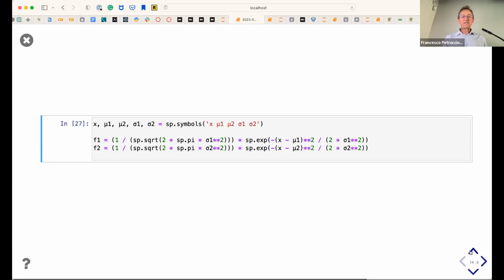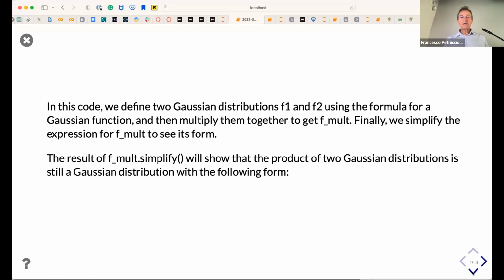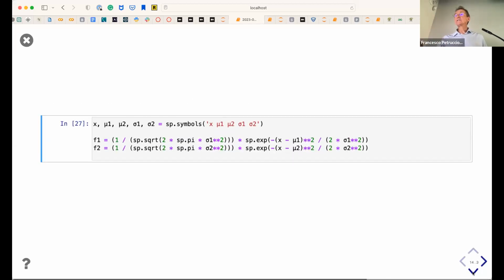Okay, sorry. I see there is a question in the Slack channel about how to do the Greek symbol. The mu is just mu, and SymPy learns it.